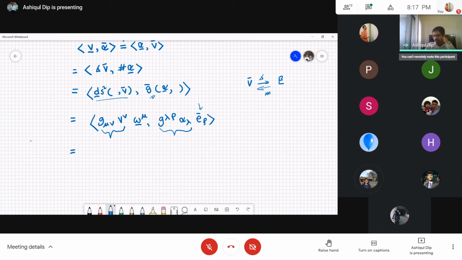If you want to write in terms of components, then ds square is g lower mu nu omega mu times omega nu, right? That we know already.